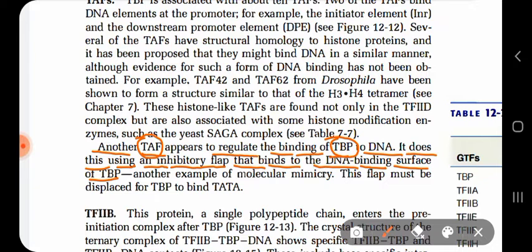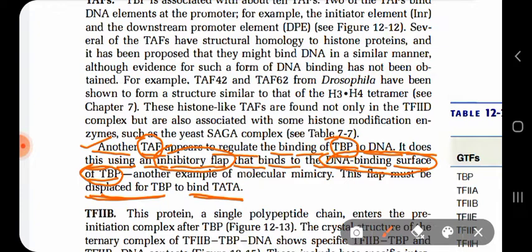So this TATA box binding protein associated factor also regulates the binding of TATA box binding protein to the DNA, and it does this by using an inhibitory flap. They have an inhibitory region which binds to the DNA binding surface of TBP. Now this flap has to be displaced for TBP to bind the TATA element.